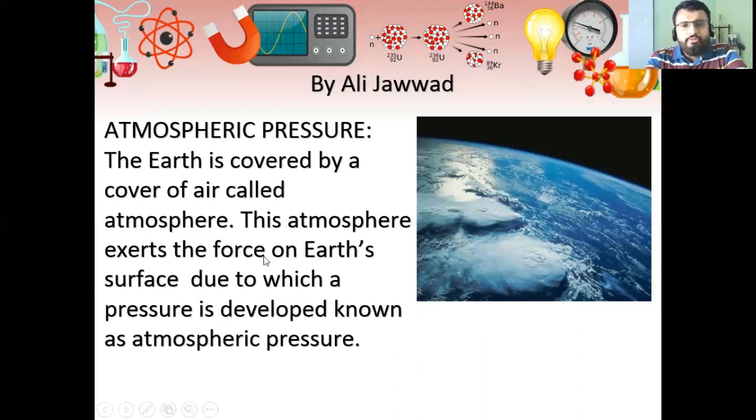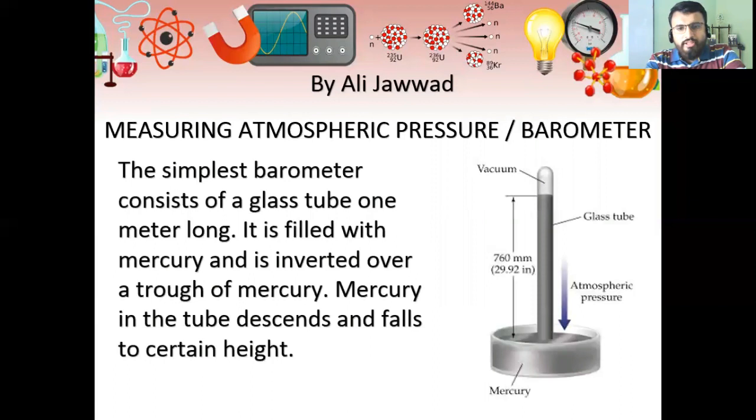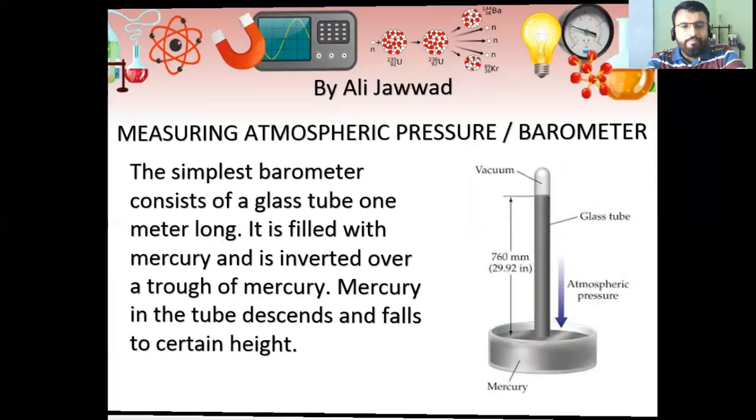We have also introduced the concept of the barometer, an instrument which is used to measure the atmospheric pressure. Here it is. In a barometer, there is a small tube which contains mercury and is inverted on a trough filled with mercury. Let us see how this works.